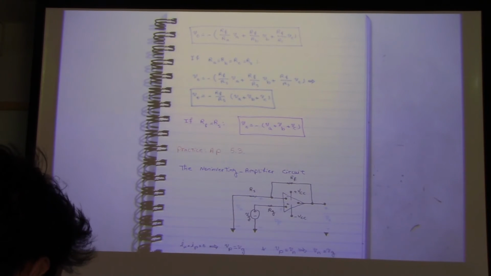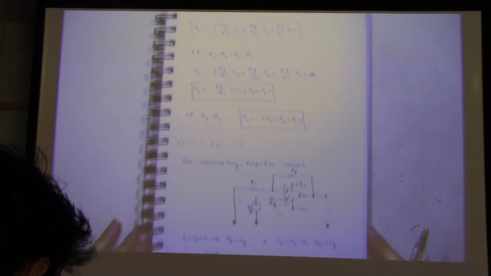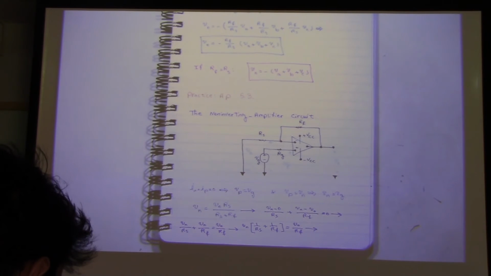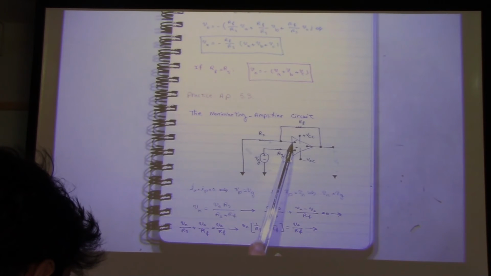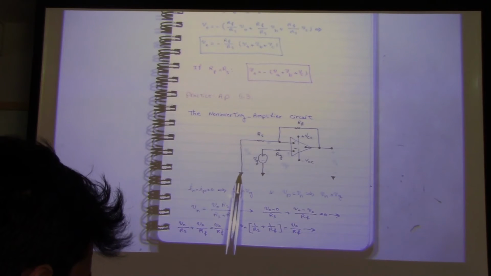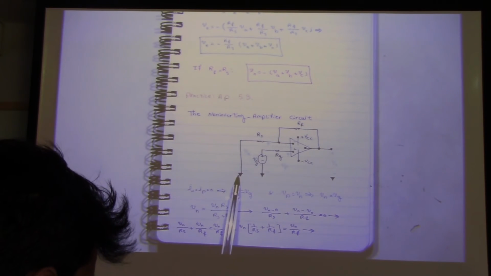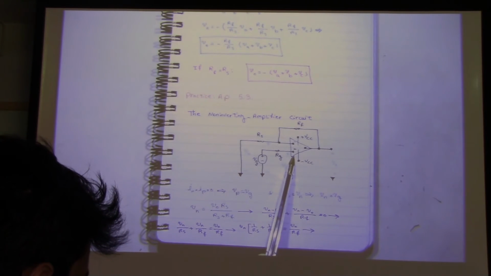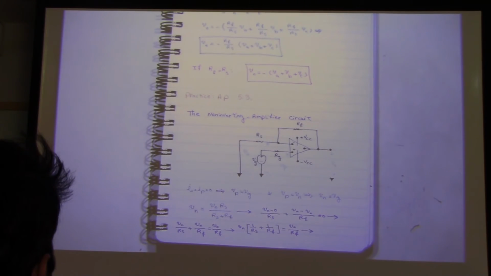Okay. The next one is the non-inverting amplifier. In the non-inverting amplifier, you see the inverting input of the op-amp is connected to a resistor and then ground, but the non-inverting input is connected to a power supply.